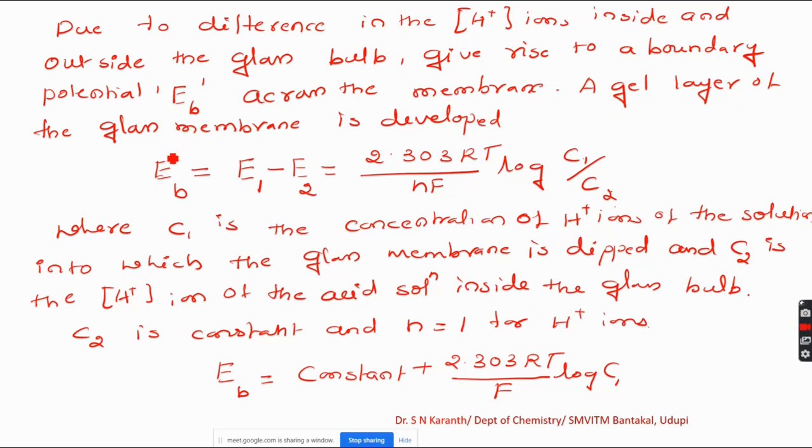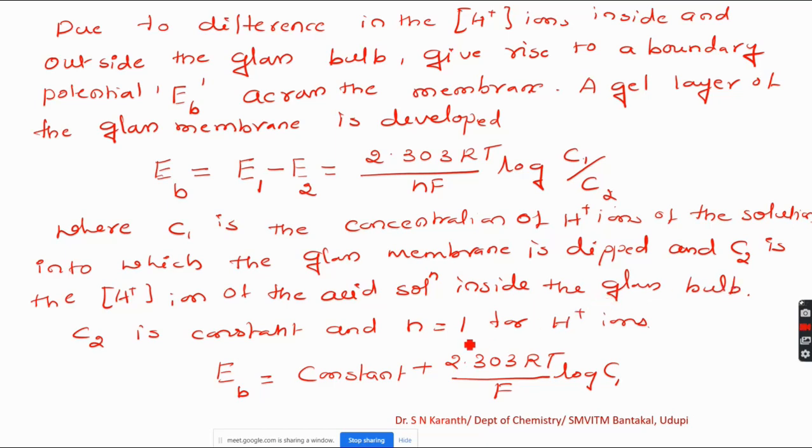That boundary potential we usually express as Eb equal to E1 minus E2, which is equal to 2.303 RT by NF log C1 by C2, where C1 is the concentration of H plus ion of the solution into which the glass membrane is dipped, and C2 is the H plus ion concentration of the acid solution inside the glass bulb, which we call the standard solution.